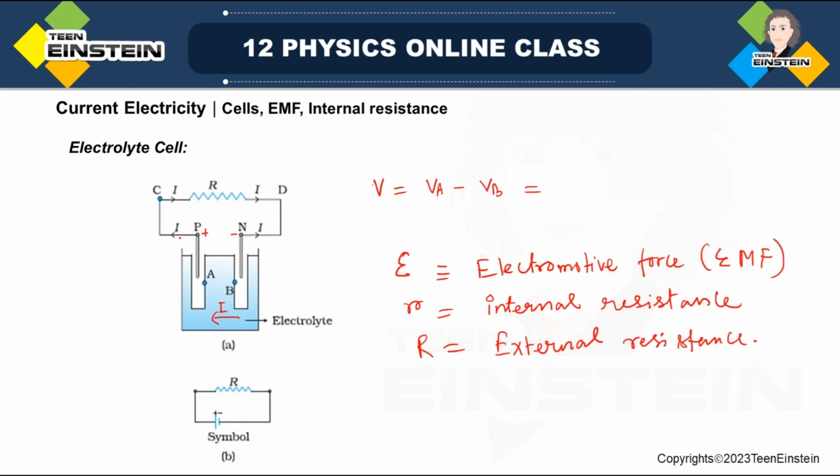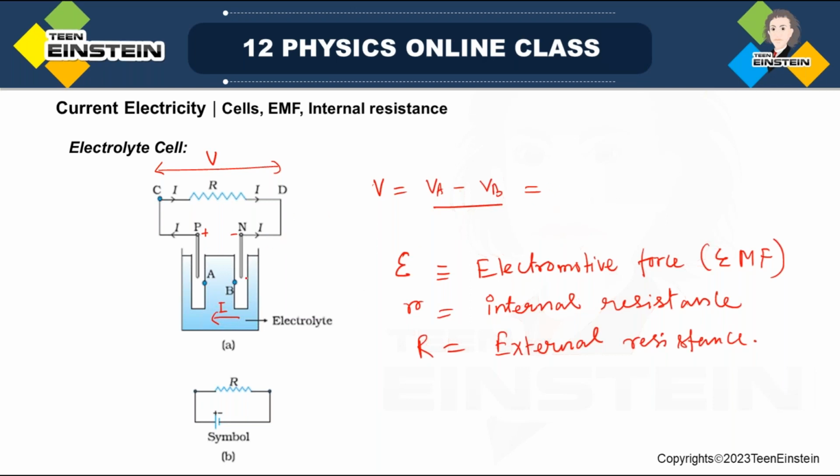At this condition, when the electrodes are connected to the external resistor, what will be the potential difference between P and N? I can find it like this also. This V is the potential difference across R also. This could be said as well.